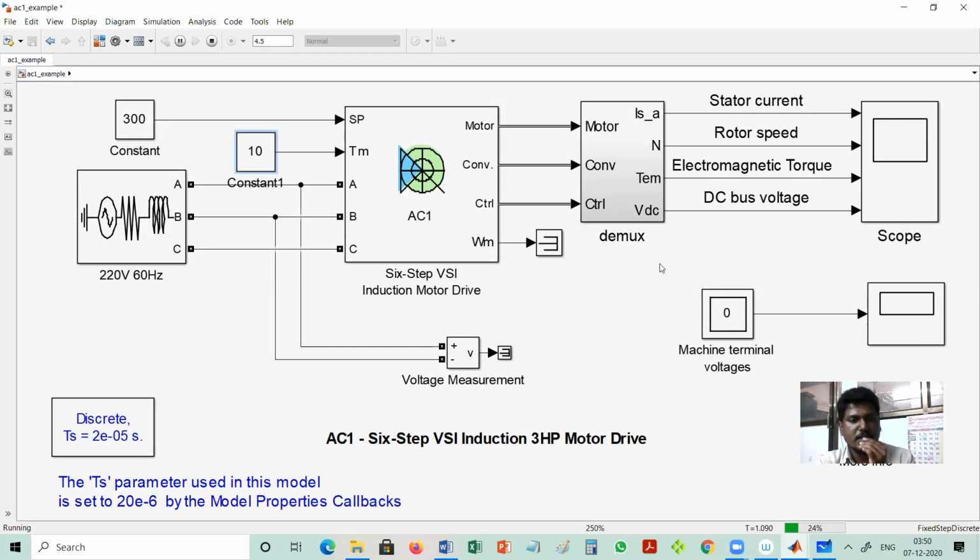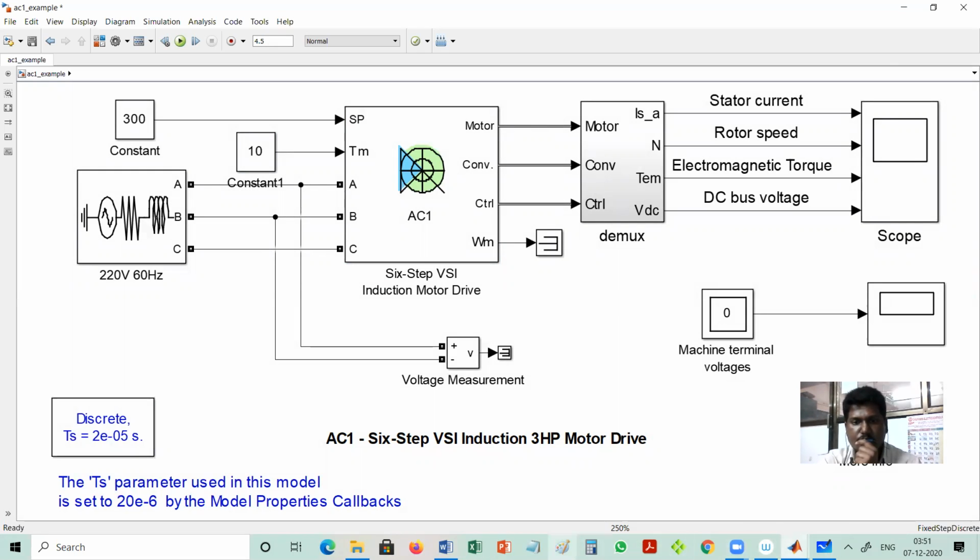You can observe here the sampling time is 2 e raised to minus 5, which we have put in the mean block. Now it has run.